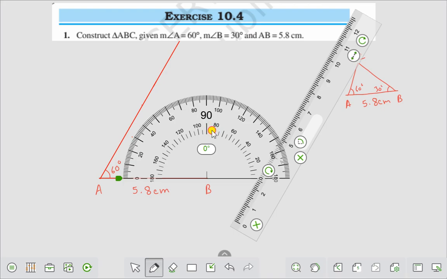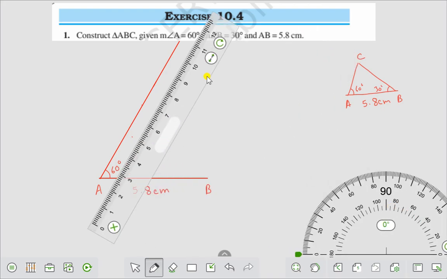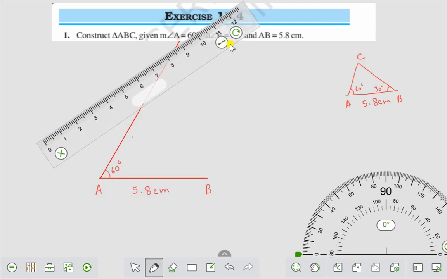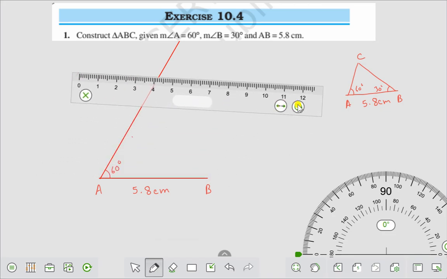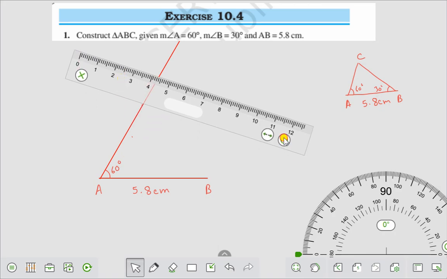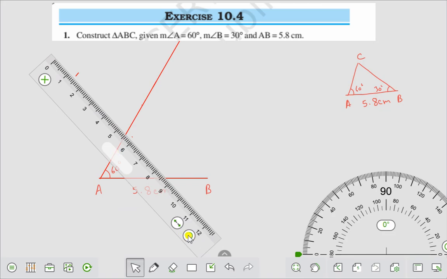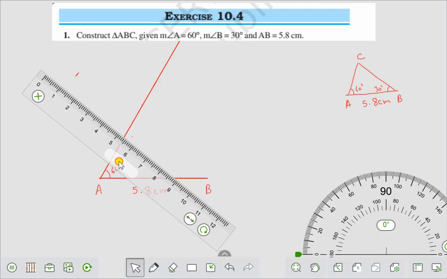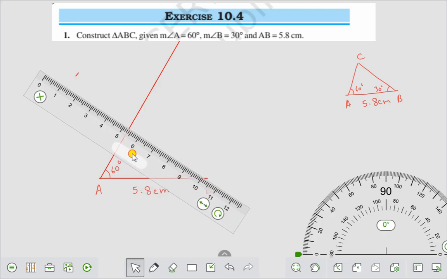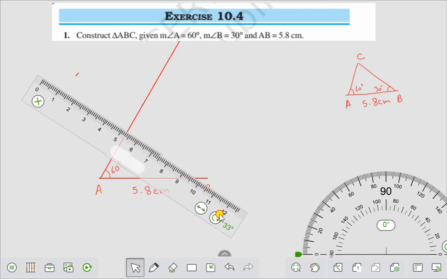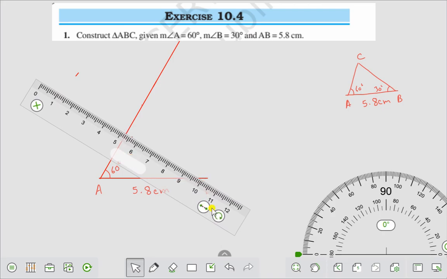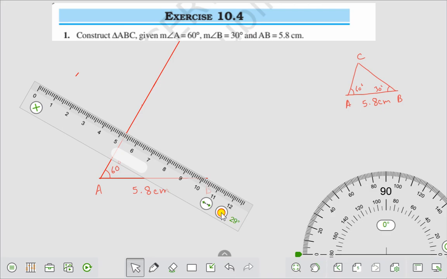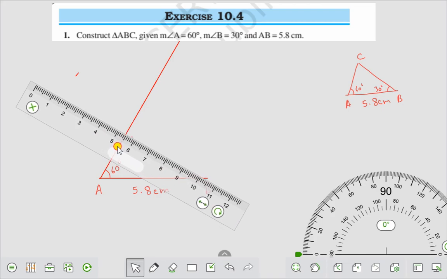Now join this point with the help of the ruler.